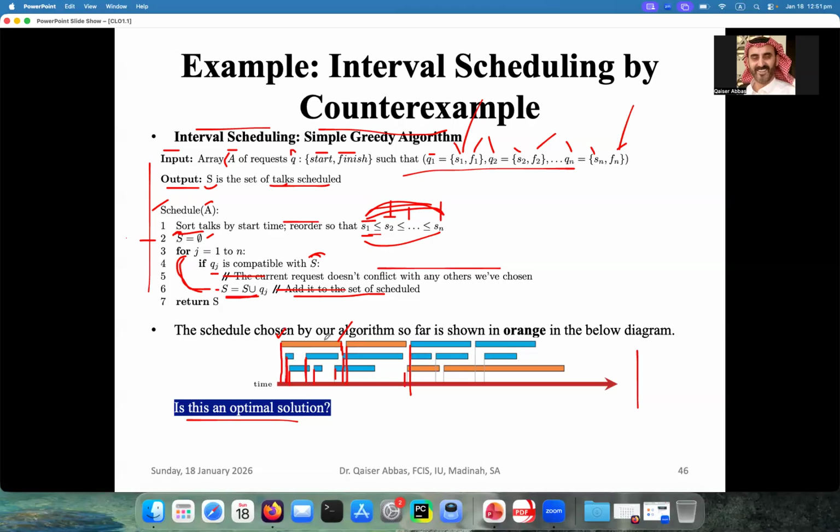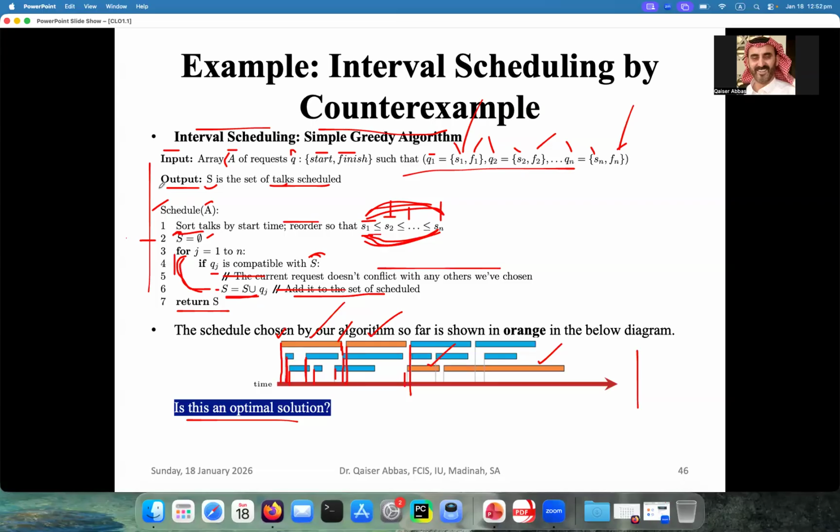In short, these orange ones are the solution. These highlighted in orange are the requests which will be considered if you go like that, according to the starting time. And finally, when this loop ends, you are returning this S.